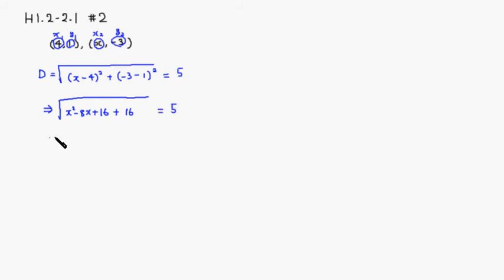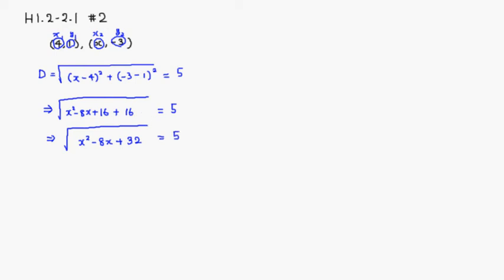Right? So we probably want to clean up a little bit inside the square root. So you have a square root here. So you have x squared minus 8x plus 16 plus 16, which is 32, is equal to 5.